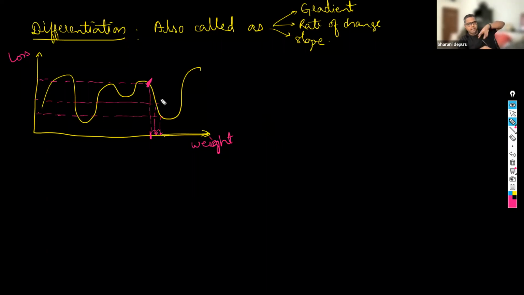So from A to B, when you change your weights, the loss value has changed from L1 to L2. This is called the rate of change. If I change the weight from A to B, what is the rate at which loss is getting minimized? This is also called slope. It's coming down. And this is also called gradient. Gradient, rate of change, slope, differentiation, derivatives all mean the same.